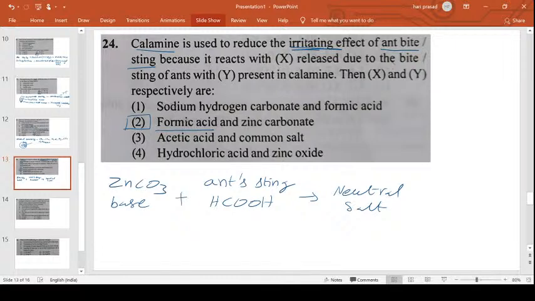By neutralizing the formic acid with a base. Calamine, which is zinc carbonate, is the base given. This base neutralizes the acid, therefore the irritation will be prevented, or reduced.